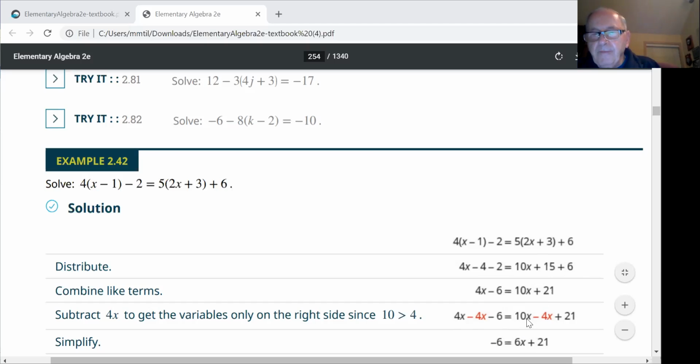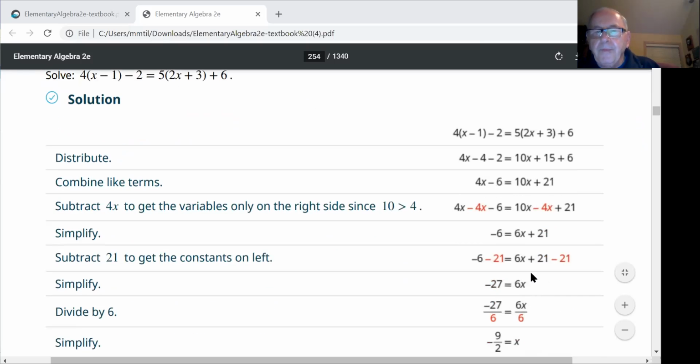On the right-hand side, you've got 10x minus 4x, or 6x, plus 21. So now you're going to go ahead and subtract 21 from both sides. Again, because you want this variable on the right-hand side to be by itself. And when you do that, you get negative 27 on the left-hand side is equal to 6x.